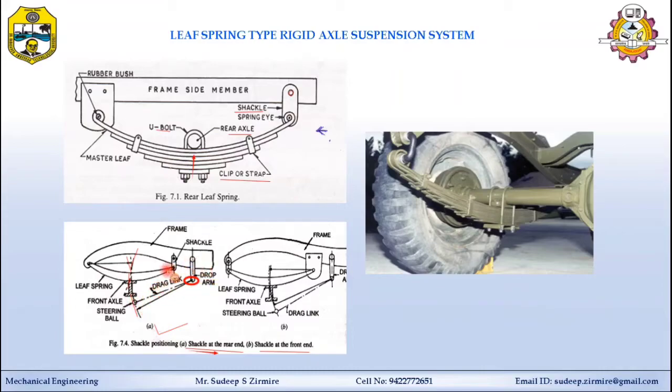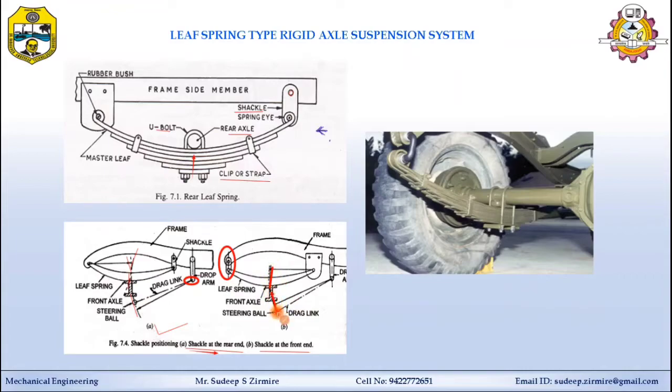So to avoid this, the best design is to put the shackle in the suspension system on the front side. So how? Here you can see, in the opposite case, the shackle is mounted at the front side and a rigid bracket is near the drop arm. This fixed rigid connection is near the drop arm, or the back side, we can say. The rotation at the rear spring eye gives approximately the same radius action as the drag link. You can say the wheel is rotating here.